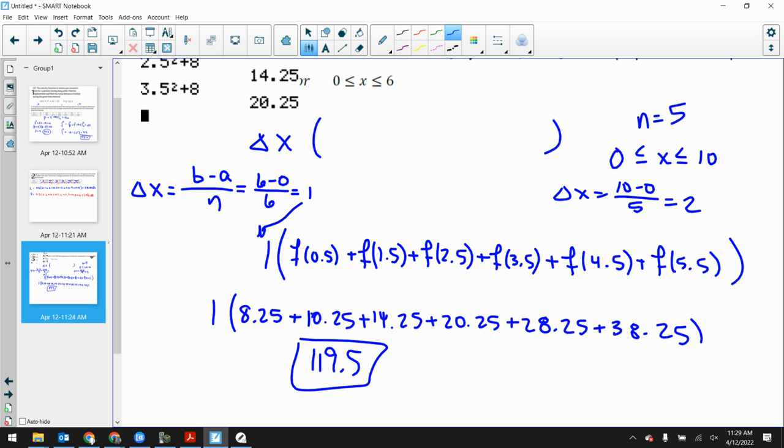So delta x is 2, right? So that means each strip is 2. So now my midpoint would have been at 1. Does that make sense? Okay. So it all depends on the width of each strip and how many strips you're taking, and that will tell you where your midpoint is. Questions on that one? Okay, what else do we want to go through?